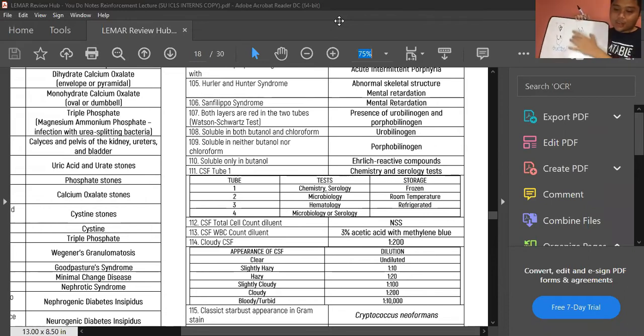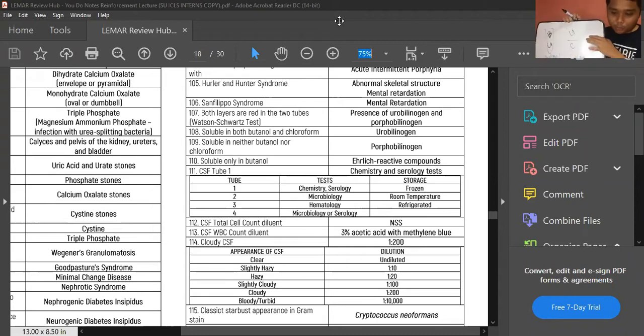So, the point is where the color red is, meaning it is soluble there. If it stays in the urine layer here and in the urine layer there, meaning nothing was extracted by the reagents. Let's say the question is: in the butanol tube, the upper layer is color red.